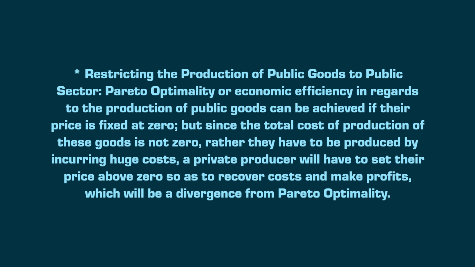But since the total cost of production of these goods is not zero, rather they have to be produced by incurring huge costs, a private producer will have to set their price above zero only so that he can recover the cost and make profits, which will of course be a divergence from Pareto optimality. And this is primarily why public goods should be left for production only by the public sector.